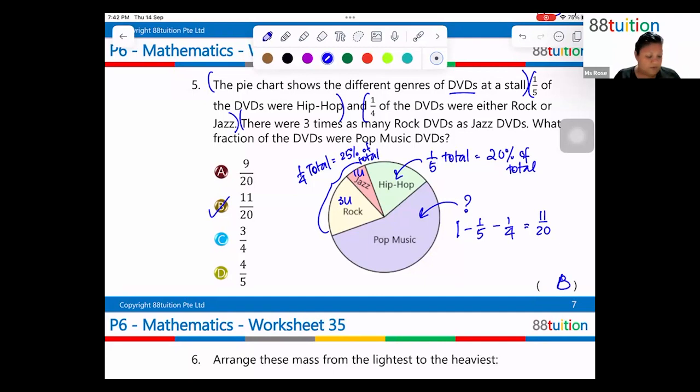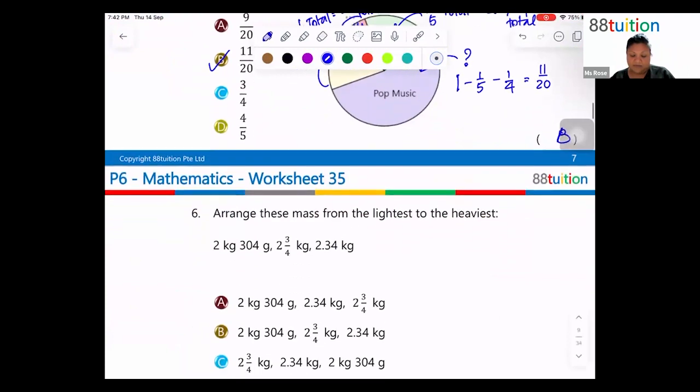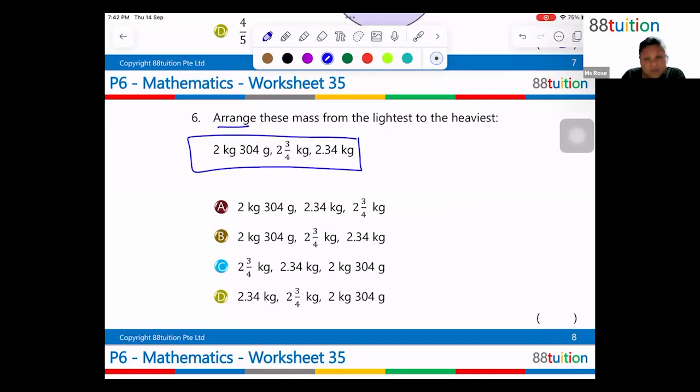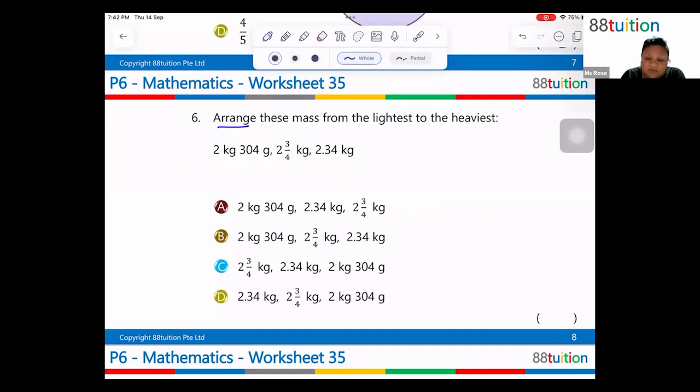Okay, very good. Now, let's look at question number 6. With question 6, I'm supposed to arrange. Everyone, when the question asks you to arrange and you're given mixed units, what's the first thing that you need to do?